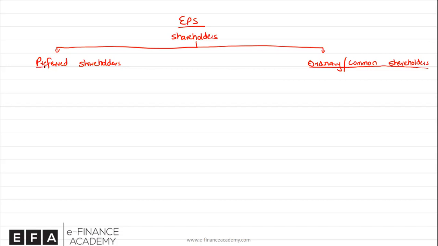So preferred shareholders, the reason why they are called preferred is because they have a priority in receiving the dividend. As you may recall, we said before, dividend is a distribution of profits. So when it comes to the profit, which is the net income, who is paid the dividend first? The preferred shareholders have a priority in receiving dividend.